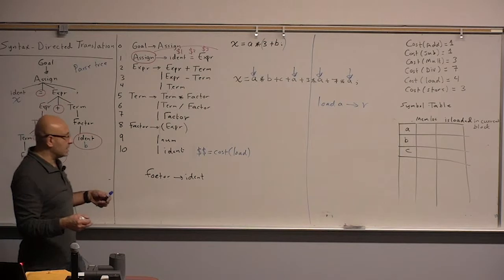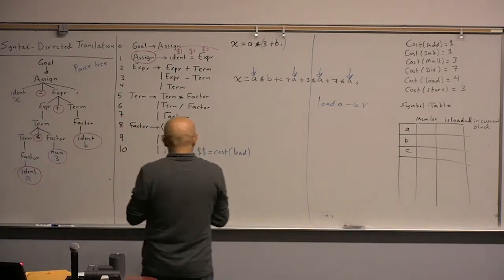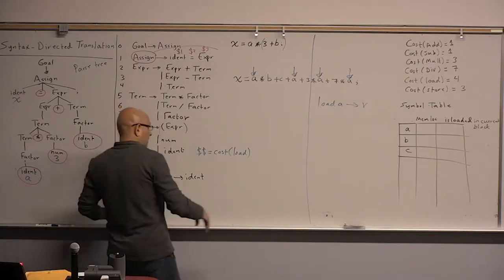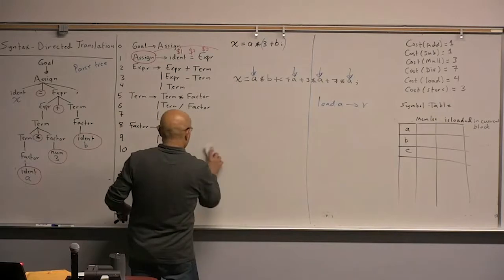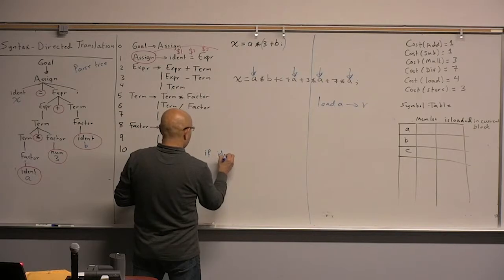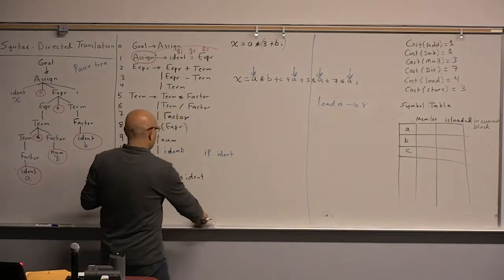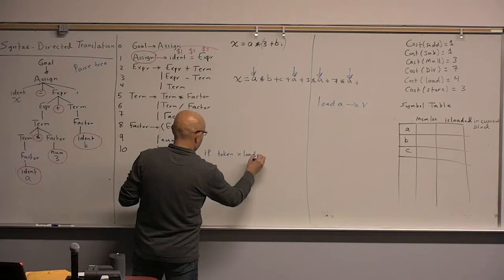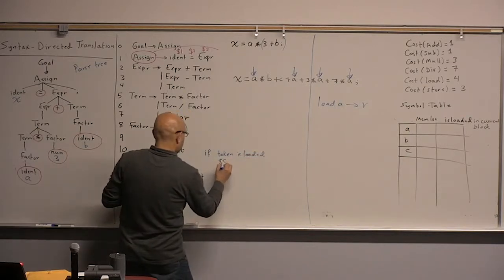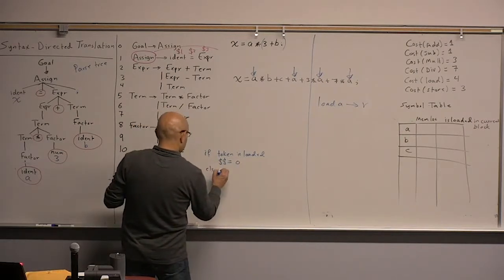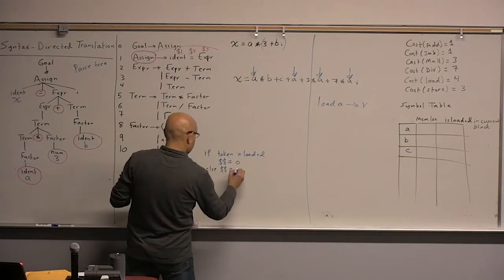So the code that you can add here is an if statement: if the identifier, or the actual token, is loaded, then $$ equals 0, else $$ equals the cost of a load.